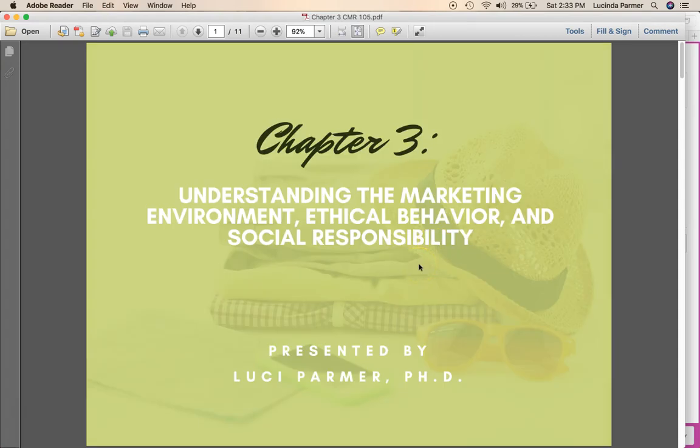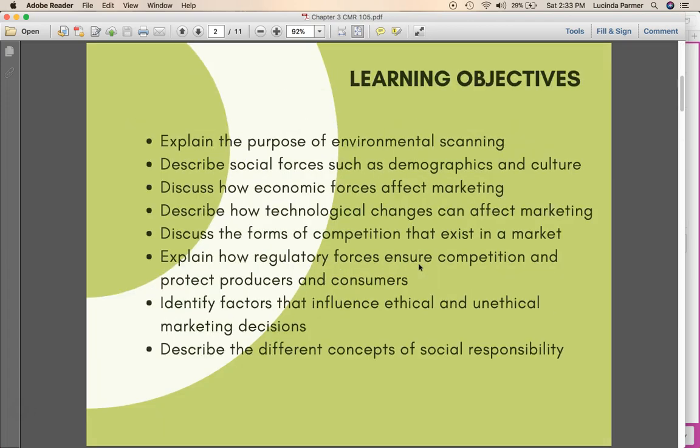So again, chapter 3 is about understanding the marketing environment. So environment is the key word here, ethical behavior and social responsibility. So these are the learning objectives again, and I know it's a lot of them, but really environmental scanning is made up of social, economic, technological, regulatory forces, and more.